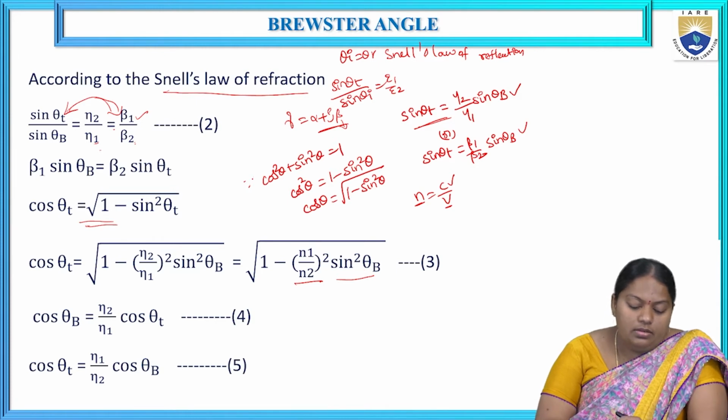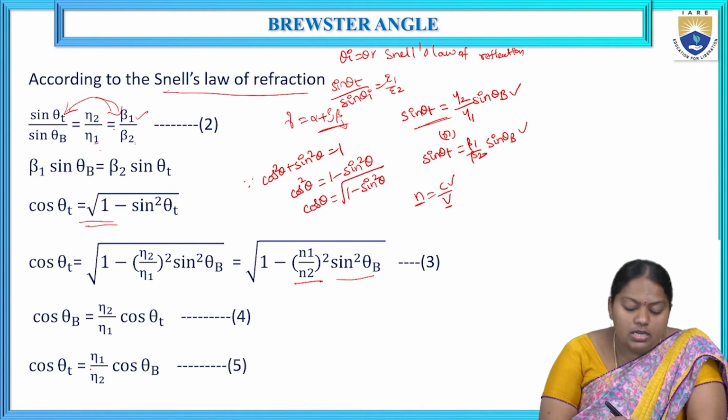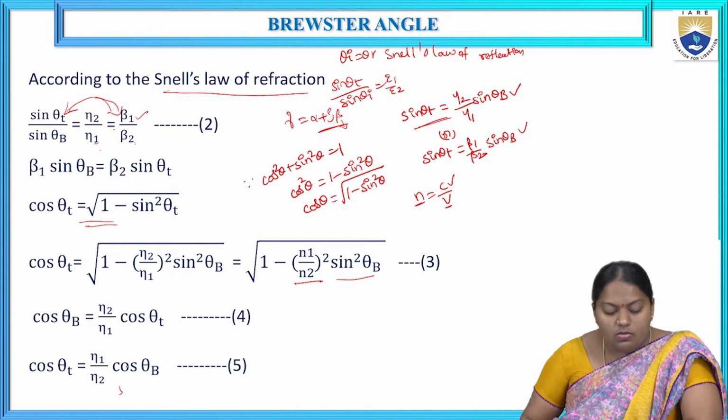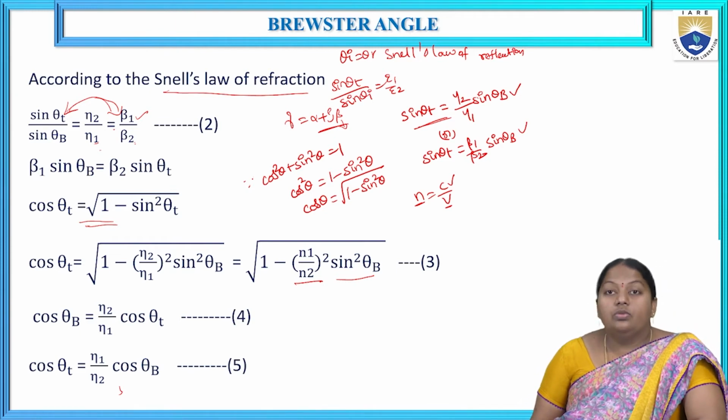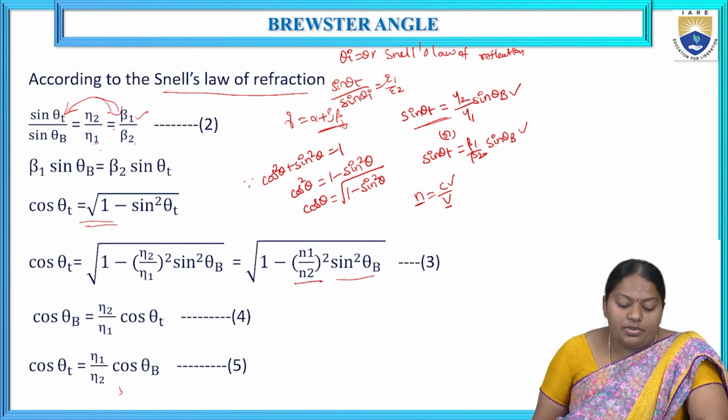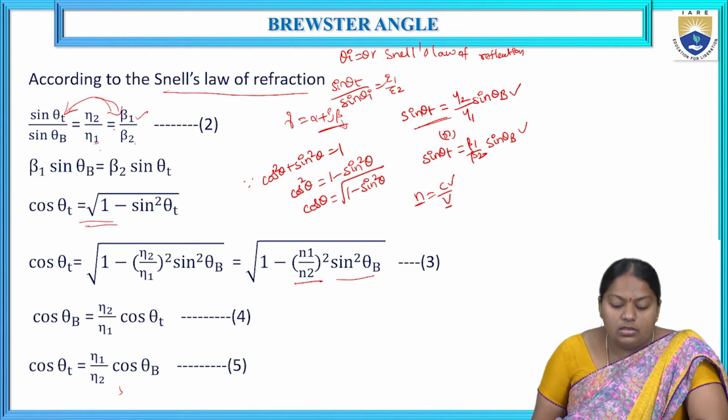Okay. Then from this, cos theta b equal to eta 2 by eta 1 cos theta t, and cos theta t equal to eta 1 by eta 2 into cos theta b. If we replace all this, then we consider cos theta b equal to and cos theta t equal to, here in the reverse order, and the intrinsic impedances are to be written in reverse order.